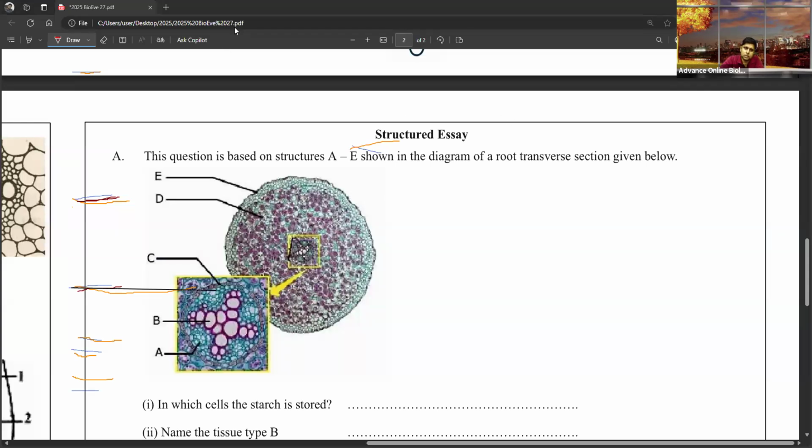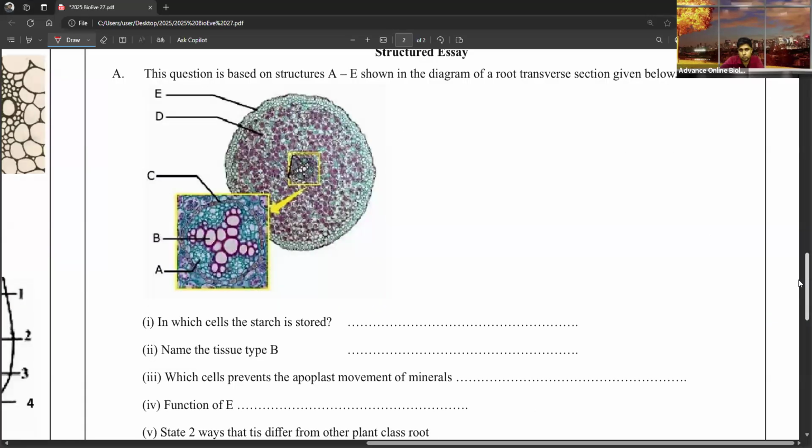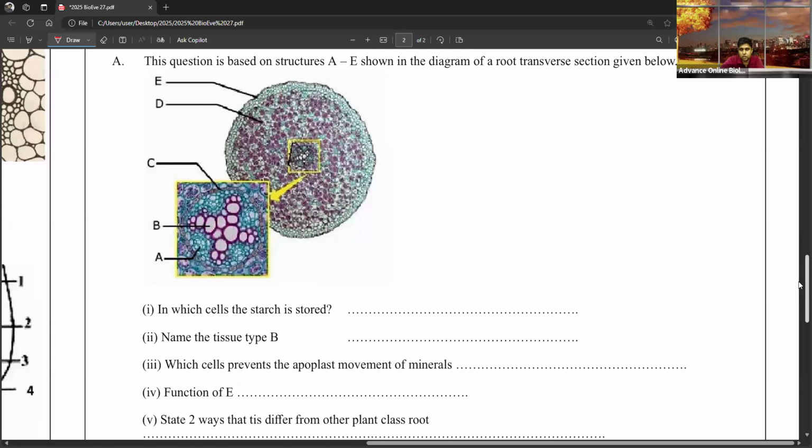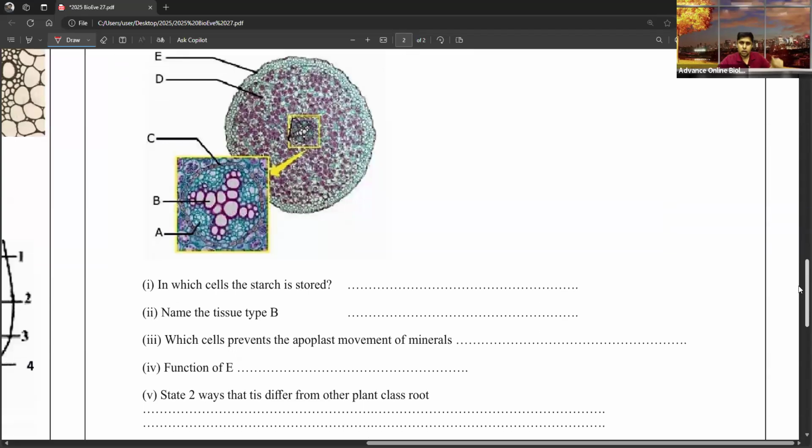All right, we'll answer these questions now. Structured part. A question based on the structure A to E. In which cells is the starch stored?